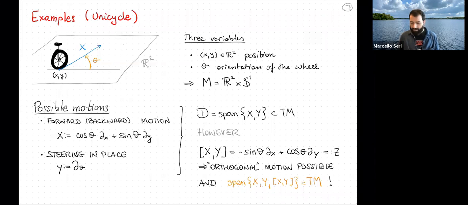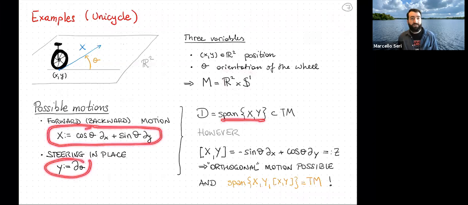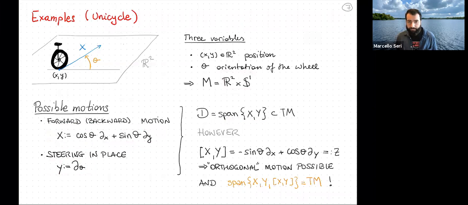The manifold now is not R3, it's R2 times S1. The constraint is essentially living on the span of these 2 vector fields X and Y, and it's bracket generating. So this guarantees that we can go everywhere with the bike. This is very important in the Netherlands.